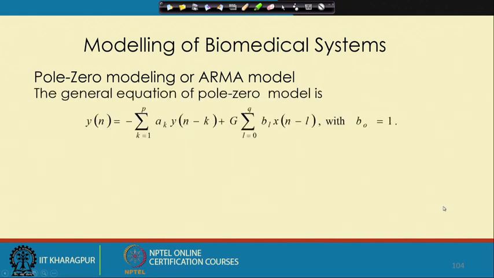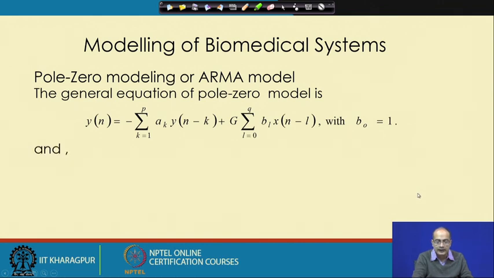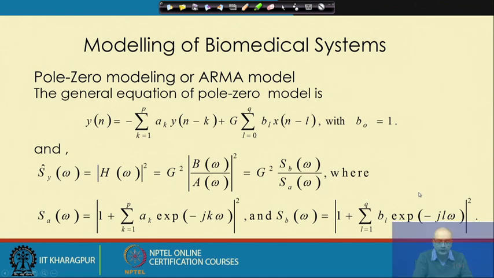The general model equation is given here, consisting of the a_k's and b_l's, and the first value, b_0, is 1. Corresponding to that, if we look at the spectral domain, we get the estimate of the spectrum, S hat y.